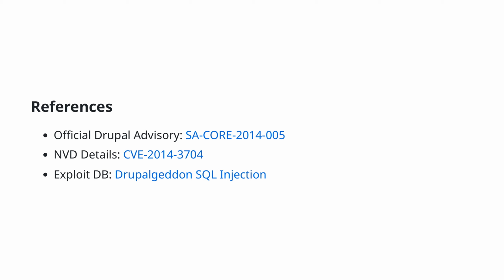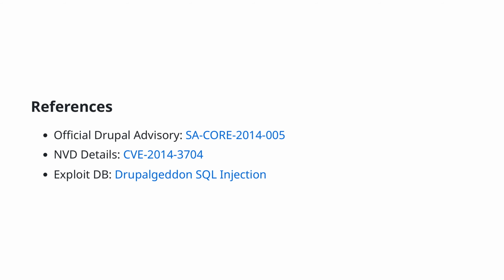Let's take a look at some key references related to the security vulnerabilities discussed earlier. First, we have the official Drupal advisory, CVE-2014-3704, which provides an in-depth overview of the issue and recommended actions. Then we delve into the National Vulnerability Database with CVE-2014-3704, where you can find a detailed analysis and technical specifics.